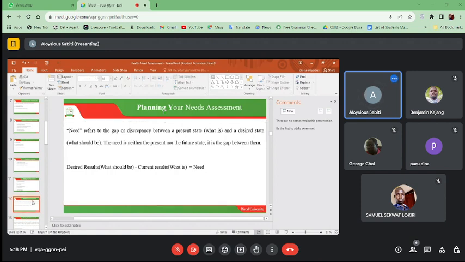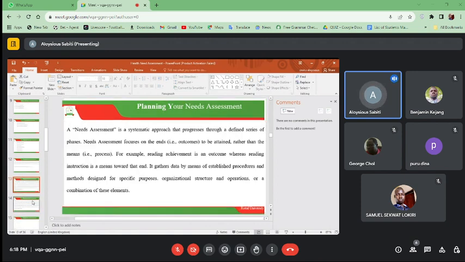And a needs assessment is a systematic approach that progresses through a defined series of phases. So needs assessment focuses on the ends or the outcomes to be attained rather than the means or the process. So for example, reading achievement is an outcome, whereas reading instruction is a means towards that end.